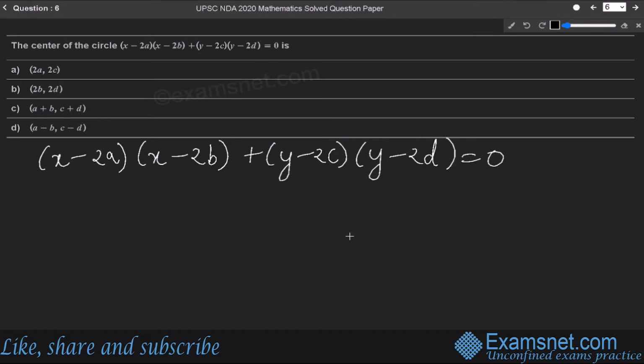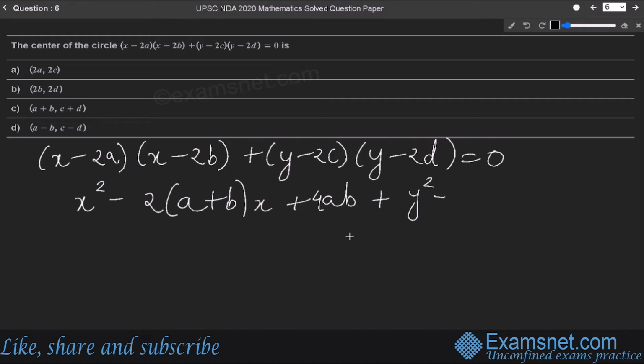Now further solving it, multiplying it, we will get x square minus 2 into a plus b x plus 4ab plus y square minus 2 into c plus d into y plus 4cd is equals to 0. This is the equation after multiplying the terms.